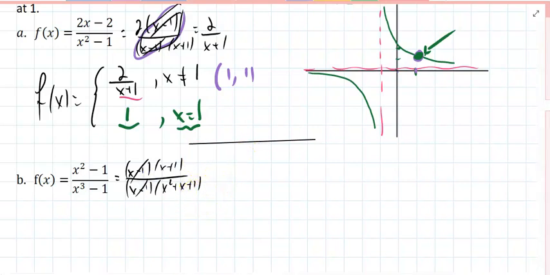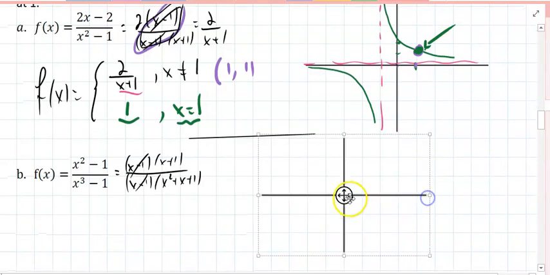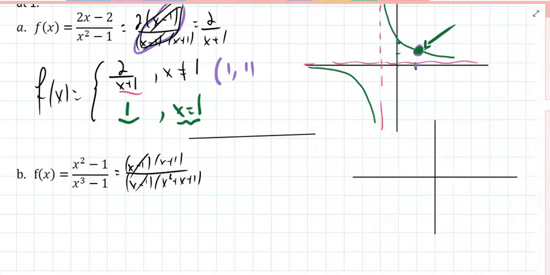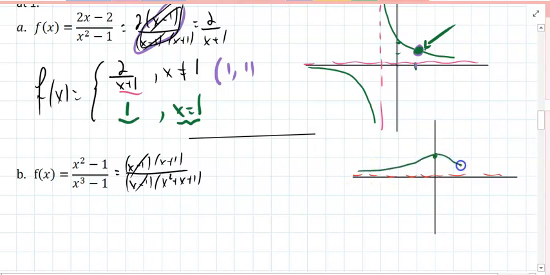So here, if I was to look at this graphically, the denominator can never be 0. I have a horizontal asymptote at y equals 0. If x equals 0, y equals 1. The graph starts next to an asymptote and ends next to an asymptote. Okay, that's how the graph looks.